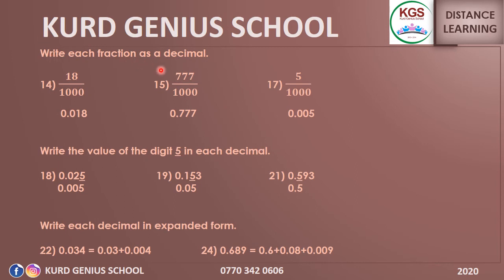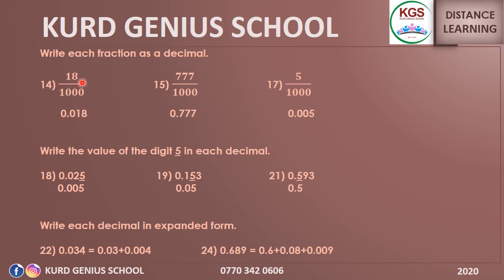Write each fraction as a decimal number. 14. There's not a whole number here, so we should write 0 in the whole number part of the decimal point. The fraction is 18 thousandths. That means 18 parts out of 1000 parts. Since the denominator is 1000, that means we should have 3 digits to the right of the decimal point.